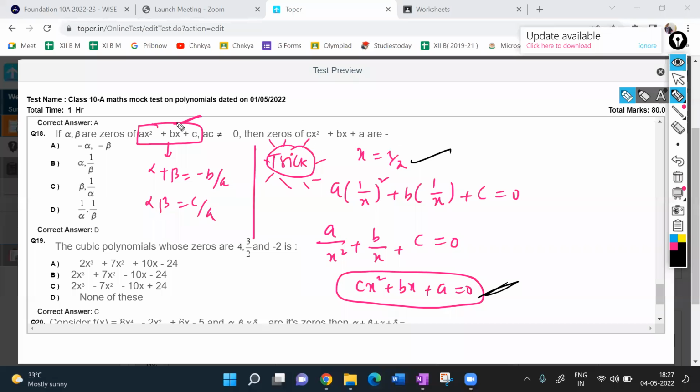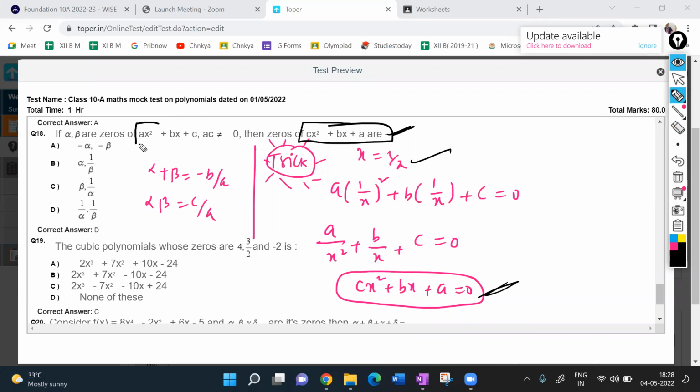Where do you have to substitute? You have to substitute in the polynomial whose roots are given to you. We have the roots of this polynomial, so I have to substitute in this one. Whichever polynomial's roots are given in the question, in that polynomial you just substitute x value as 1 by x.